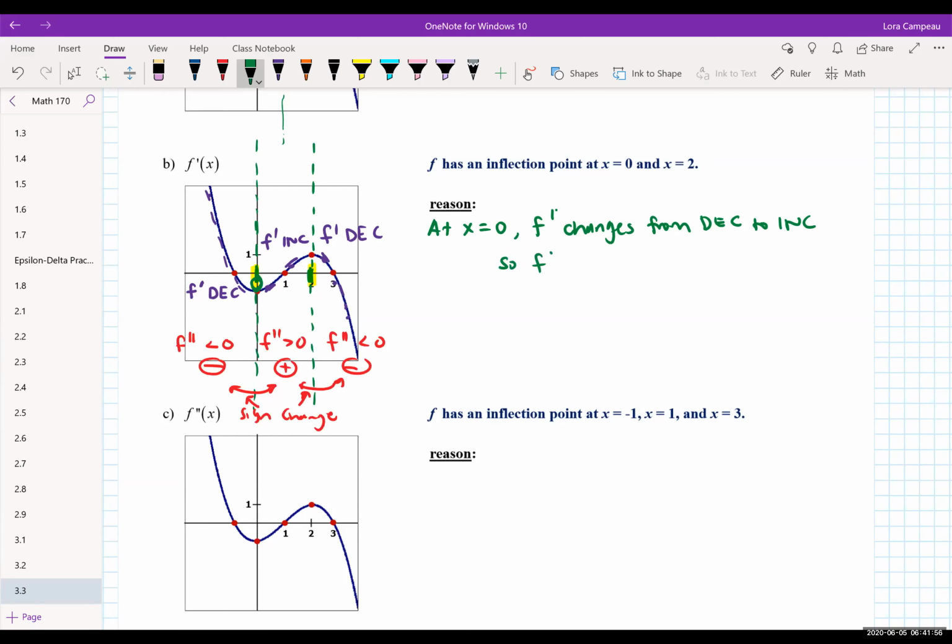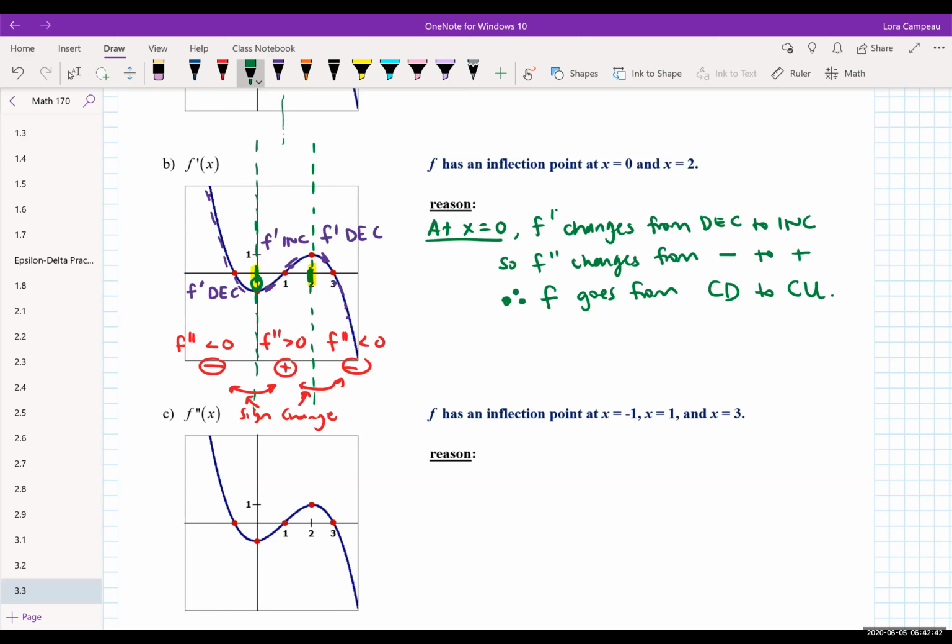The second derivative changes from negative to positive. And if the second derivative changes signs, that finally allows us to conclude f, the original function, goes from concave down to concave up. And therefore, that's the definition of the inflection point at x equals 0.